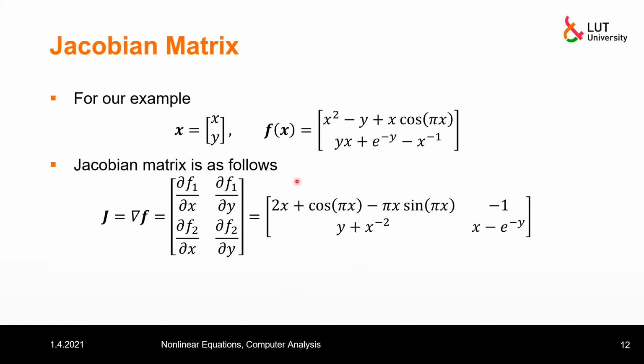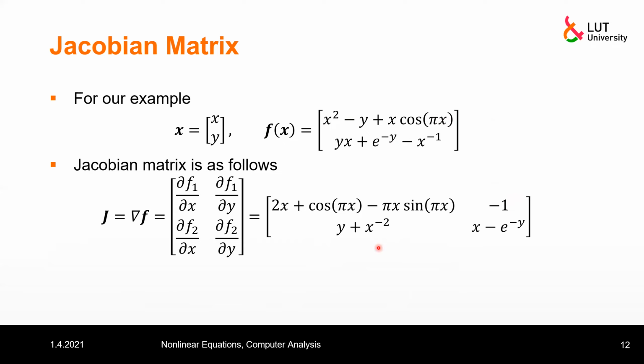So that's why we have here 2x, this is missing, and here we have cosine pi x, and here is minus sine and this internal derivative. And for this term, because this is first row, second column, it means that we take the first function and the second variable. So this is the partial derivative of this function with respect to the second variable. And because y is only here, that's why we have -1 here.